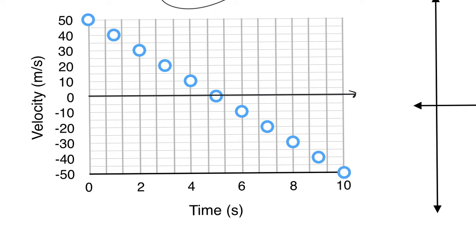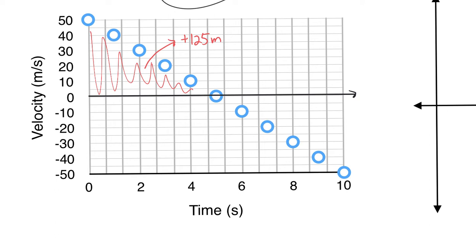I see a linear slope. Would you agree? All right. So when I go to find the area, this is the first area that I see. The area bounded by the curve and the horizontal axis. And if I use the definition of triangle, 1/2 base times height, I'll get positive 125 meters.